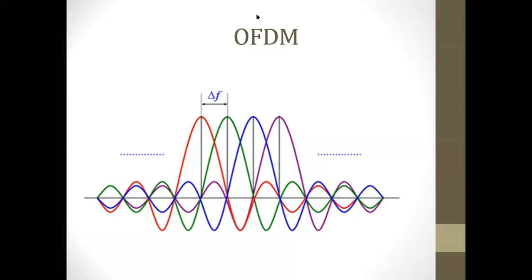And so you see that you have some green part up to this part and from here it's the frequency range for the blue part. Then this part will be the red part. So you have frequency ranges for different subcarriers one after another, and it appears that you don't need any margin one after another.